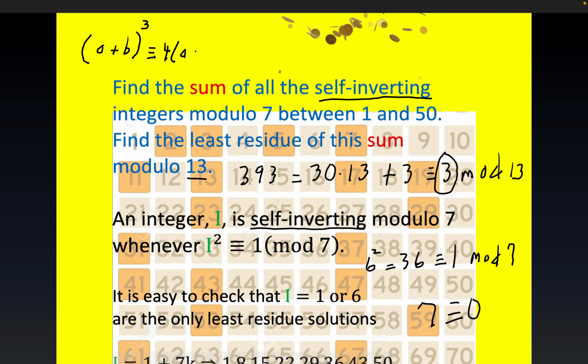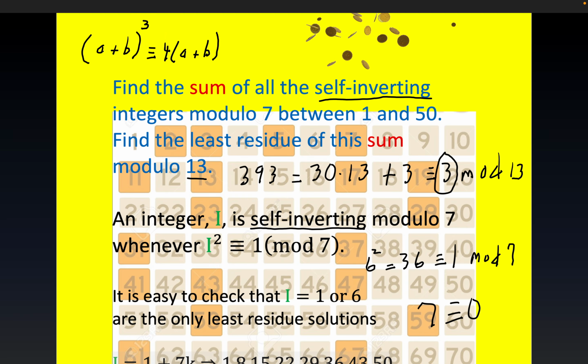And this is modulo anything, I guess. Modulo any prime, probably.